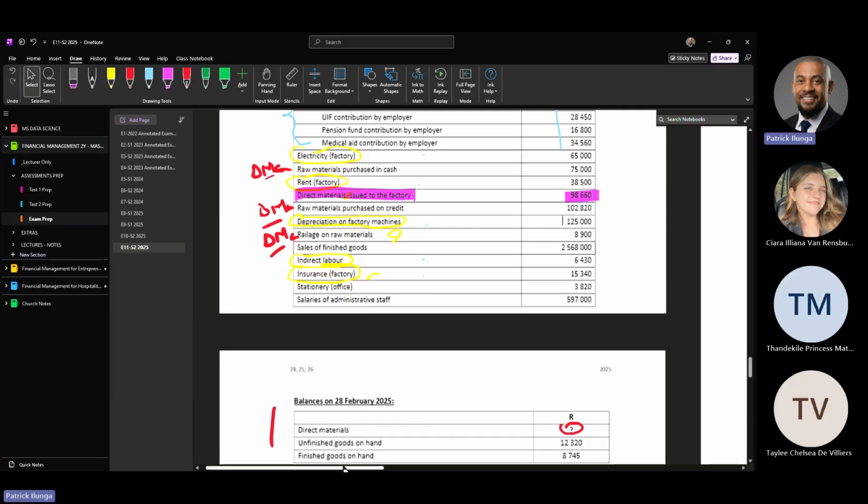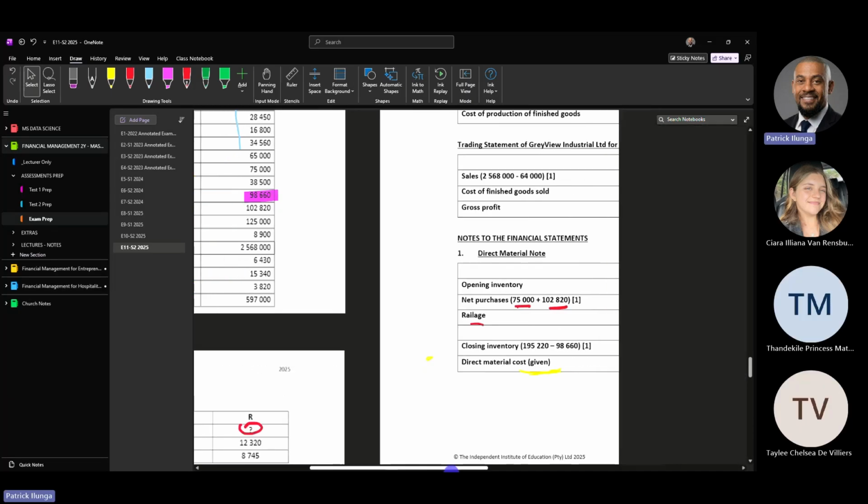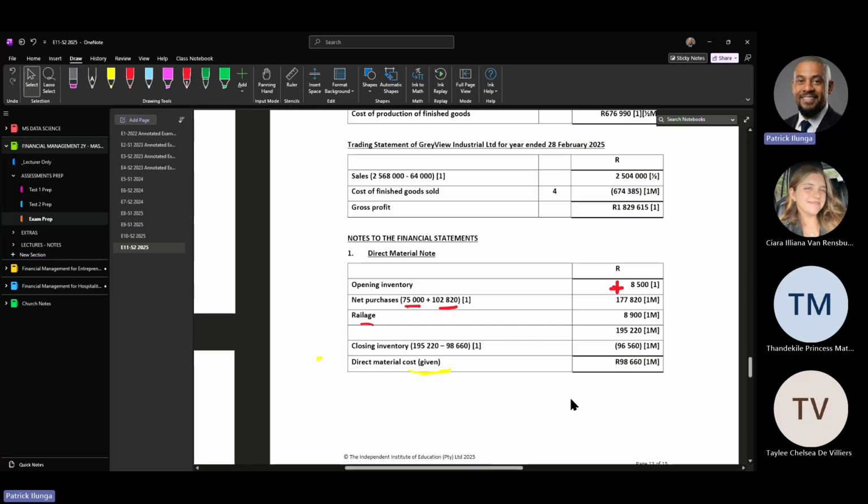What that means is that even though they purchase things and all that, what they issued for the actual production was this amount here. And that's the reason why we said it is a given cost. And that's the reason why we use this amount to work back the closing inventory.